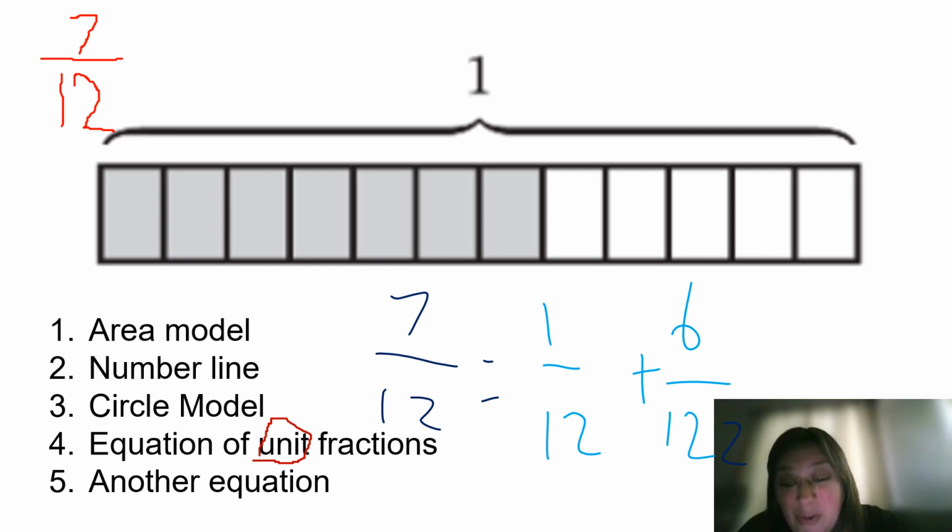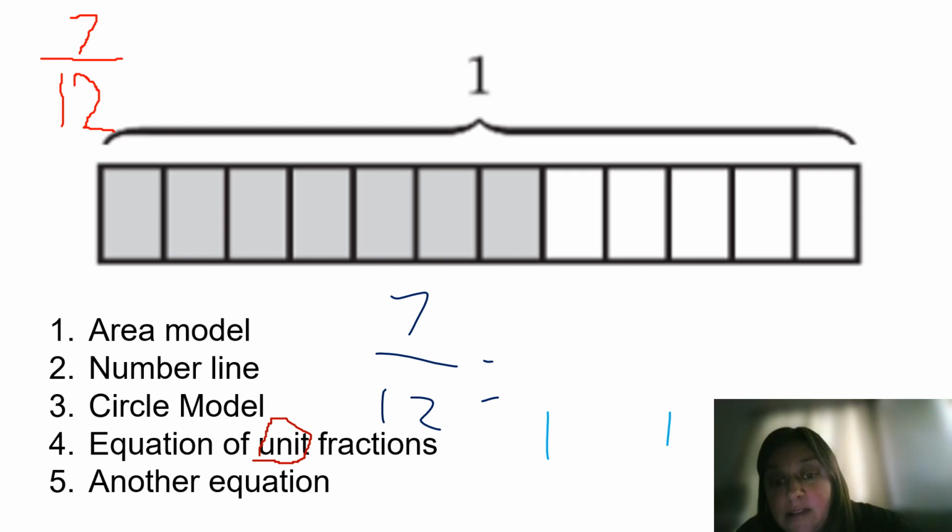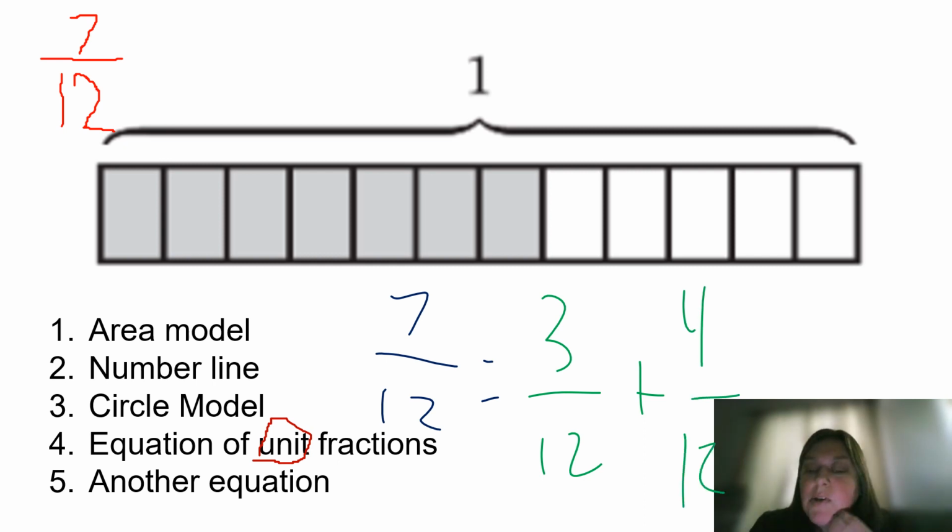I already did 2 twelfths plus 5 twelfths. You might have also come up with 3 twelfths plus 4 twelfths, because 3 twelfths and 4 twelfths would give you 7. So we had a few different examples you could have done there.